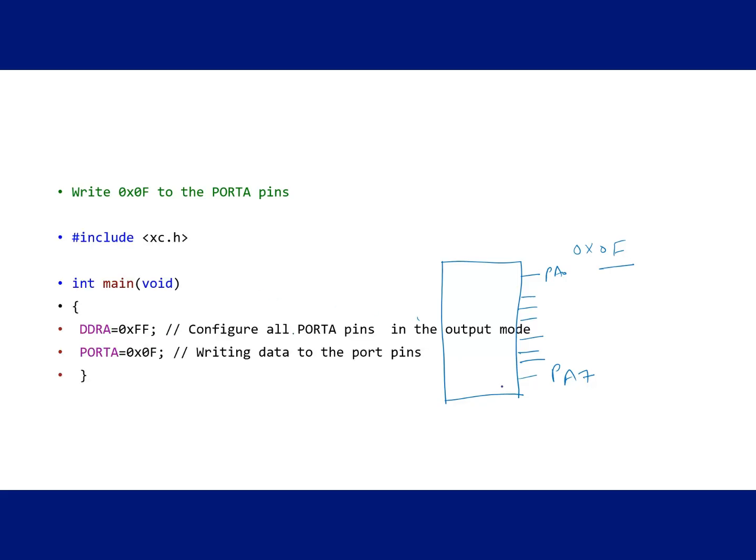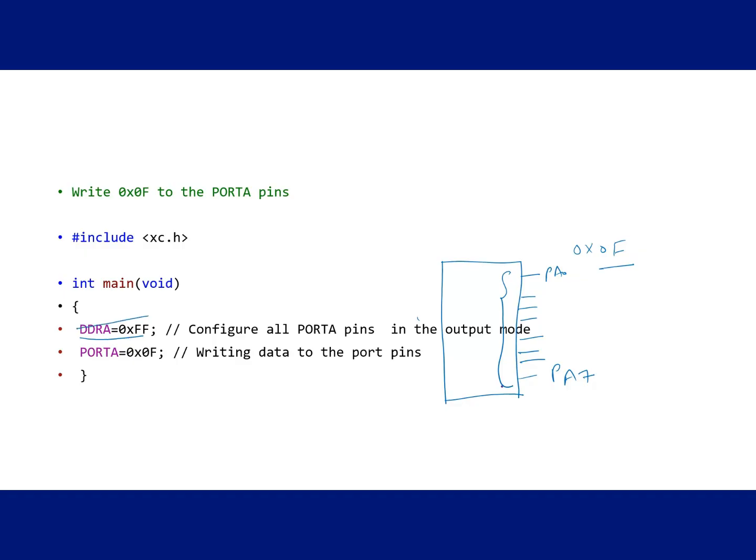First we have to include the header file, then we have to configure the port pins in output mode. To write data to the port pins, first the pins must be configured in output mode. To configure pins in output mode, we have the direction control register DDRA.